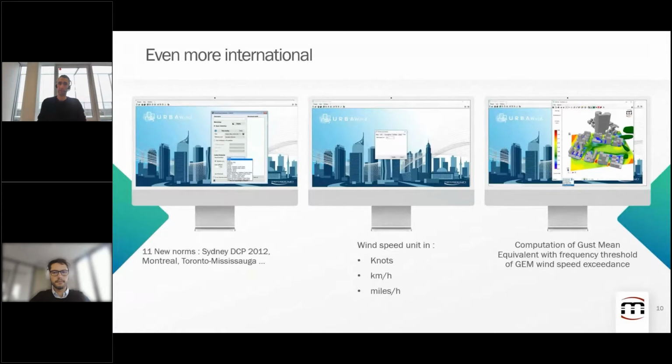We have also added criteria for the US. And customers in those countries were asking me if we could integrate their units for wind speed. So we have now added three units: knots, kilometers per hour, and miles per hour. You can switch on the fly in the interface.